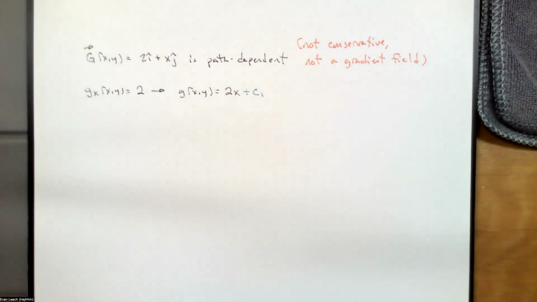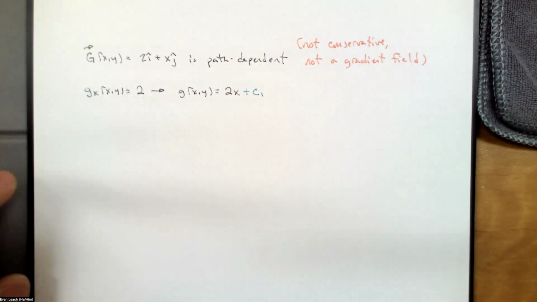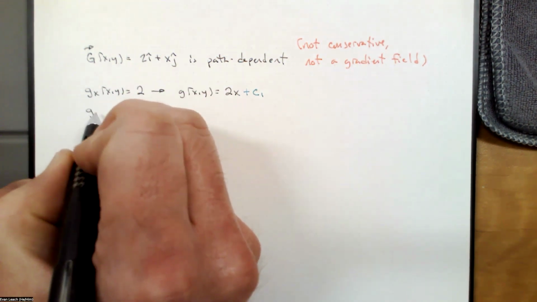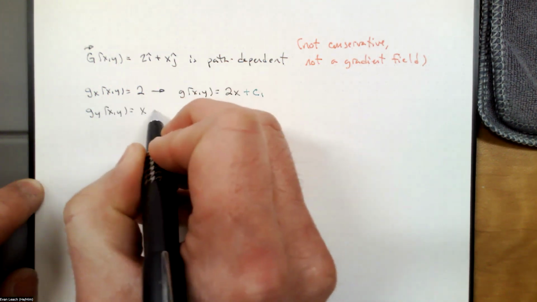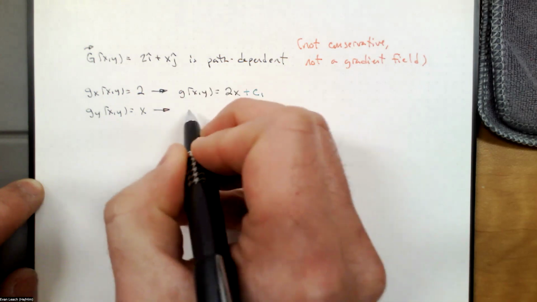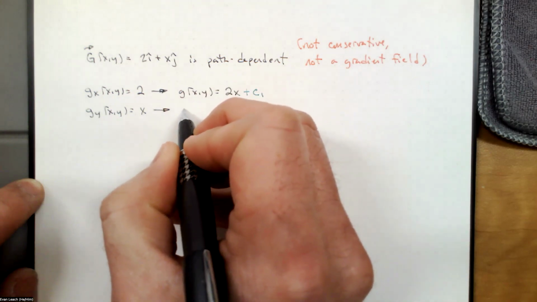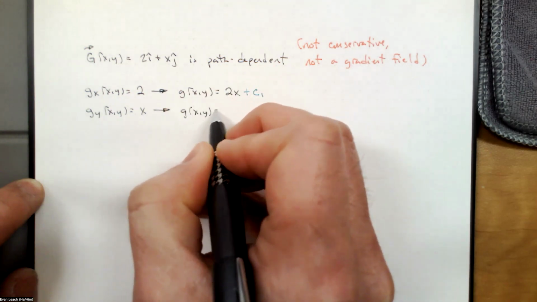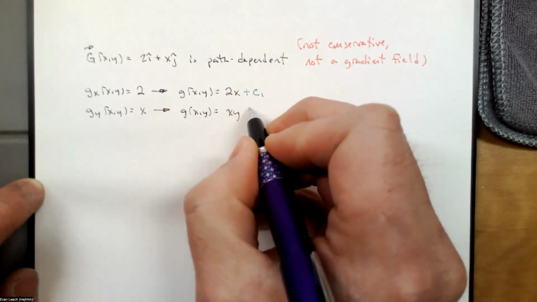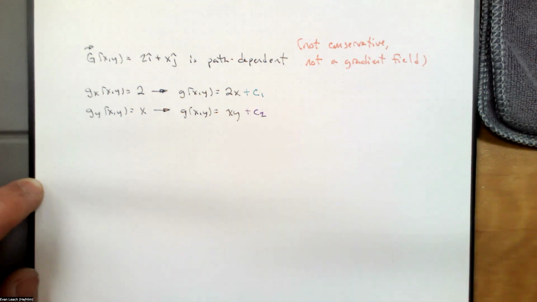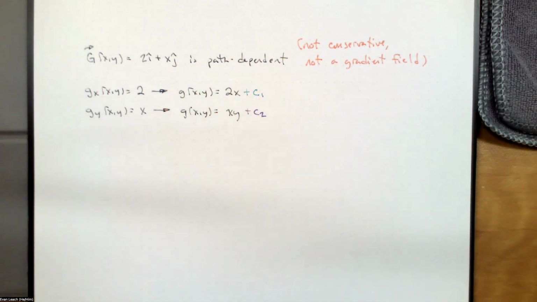Now that constant could just be a regular old constant or some function of just y, that the partial derivative with respect to x thinks is constant. gy of xy is x, and that means g of xy would have to look like xy plus some constant with respect to y.